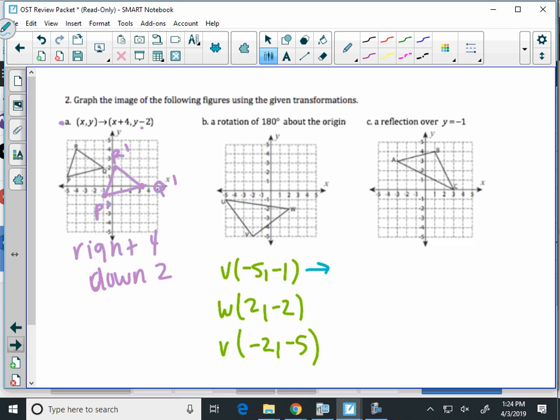We literally just change the sign of both numbers. So -5, -1 becomes +5, +1. +2, -2 becomes -2, +2. And the last point becomes +2, +5. And you are done. So then you plot your points.